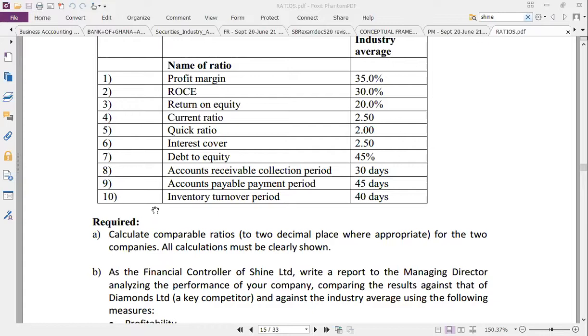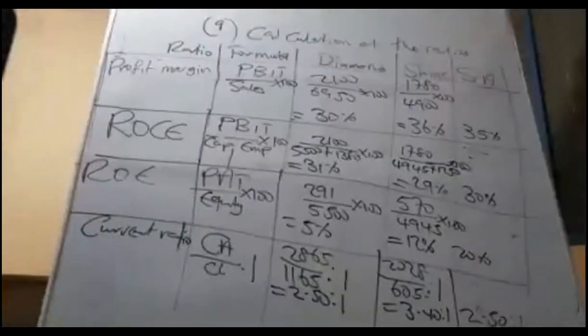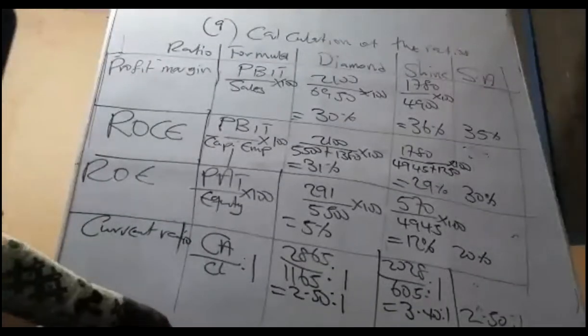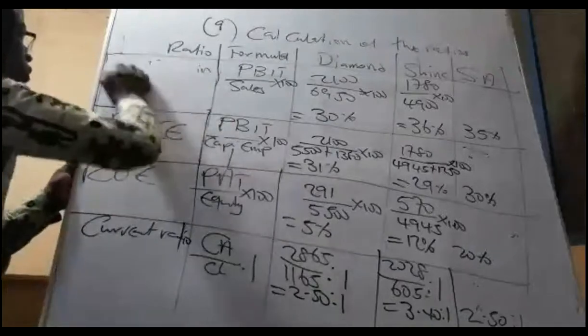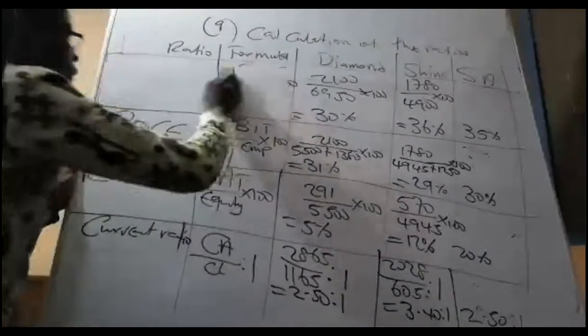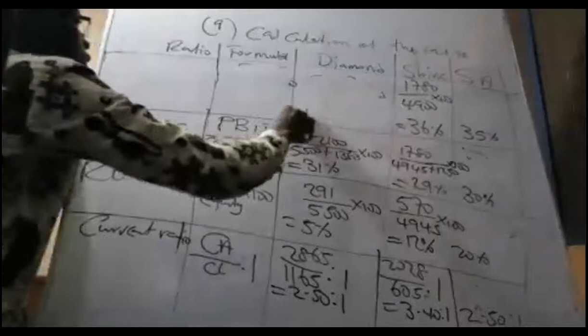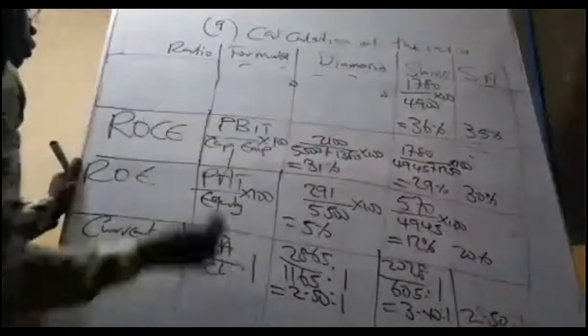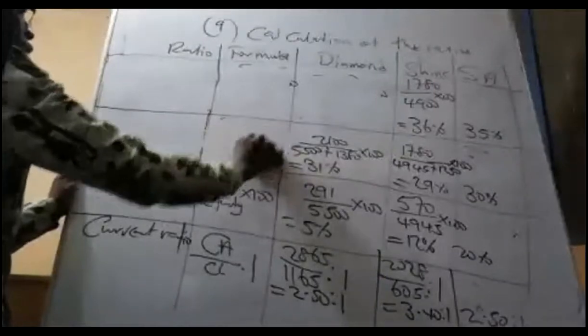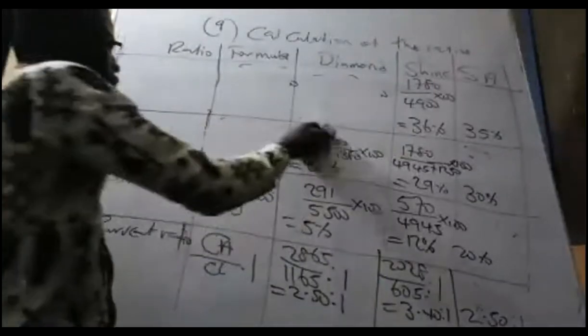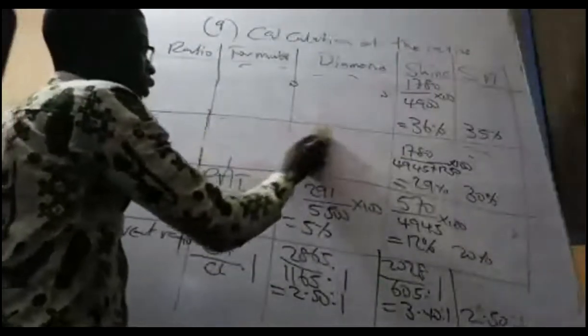Okay, so the next ratio on the list is the quick ratio. I'll not do it on top here. I want to clean the first two and put the remaining ones there. That's the first two.